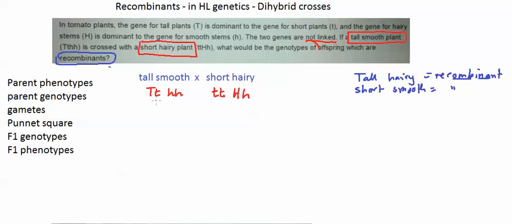Now the gametes always get one allele from each gene. So for this individual here that's tall and smooth, the gamete can either have a capital T and a small h. I'll draw a circle around each gamete. Or it can have a small t and a small h. And there are no other gametes possible.